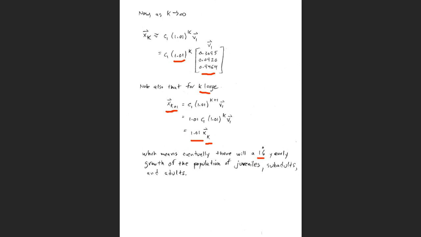So that means there's a 1% yearly growth of the population. The owl species is going to survive.